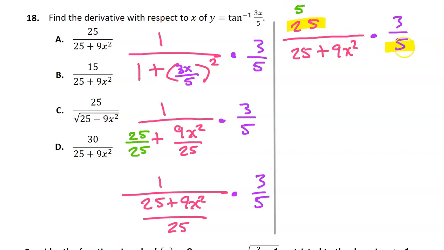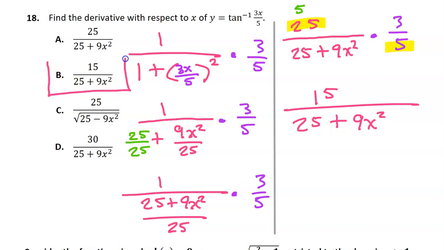So this 5 is now gone. And that's going to leave 5 times 3. So that's going to be 15 over 25 plus 9x squared. So that's why the answer is B.